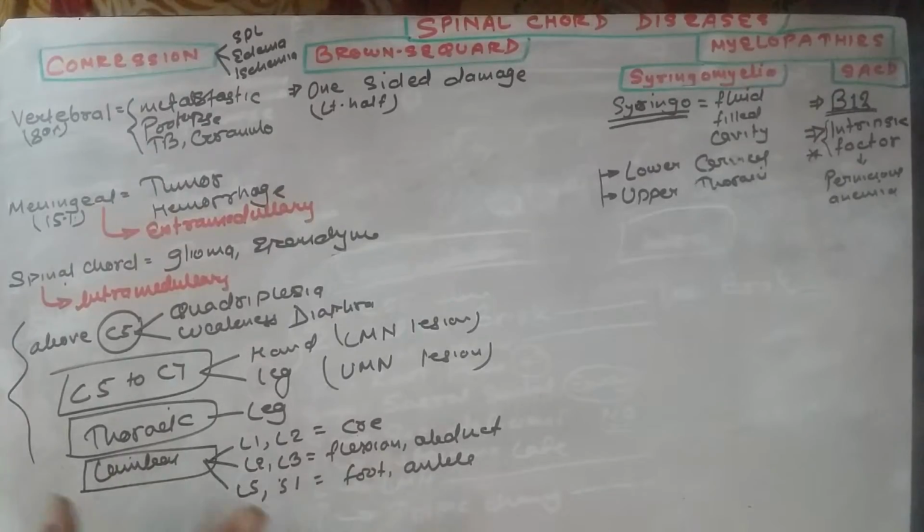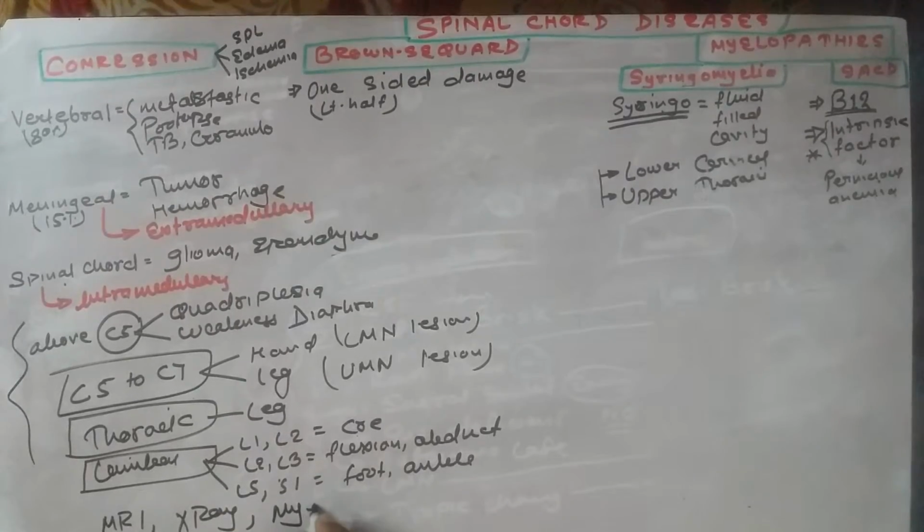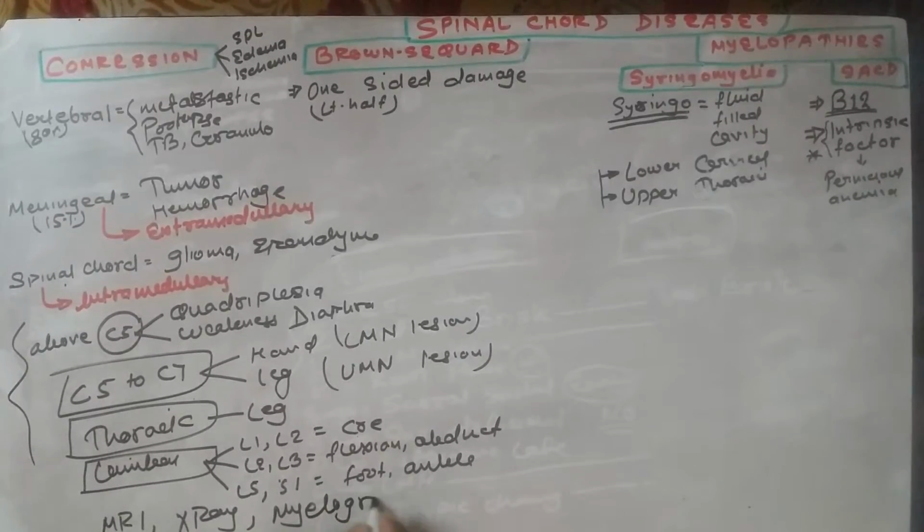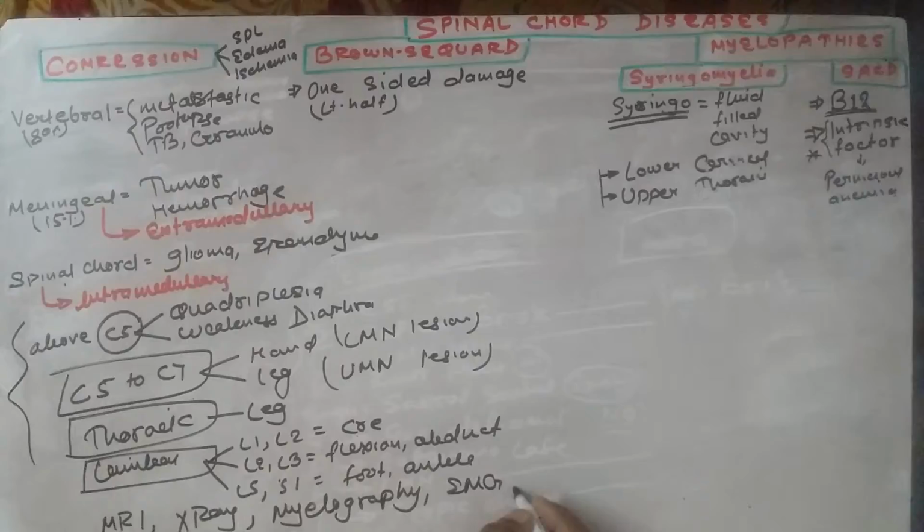For the diagnosis, it is very easy to diagnose a spinal cord compression patient. We will send an MRI of the spine, and we can also send a plain X-ray of the spine. We can perform myelography and EMG, electromyography.